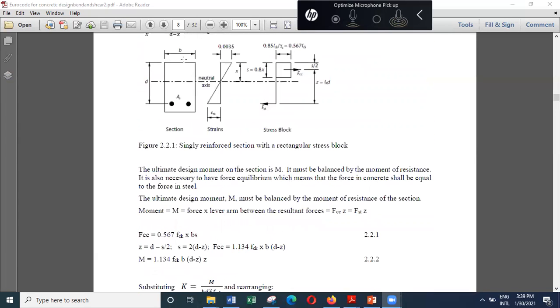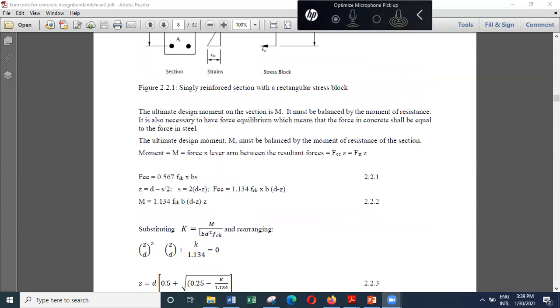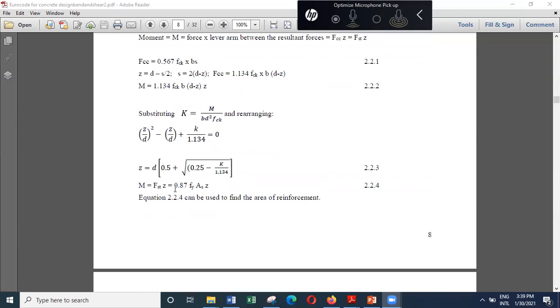So s is equal to 0.8 times x, and x has a maximum value of 0.45d.